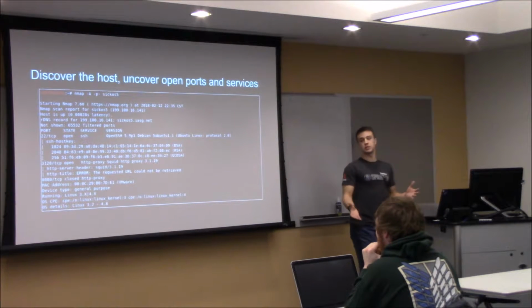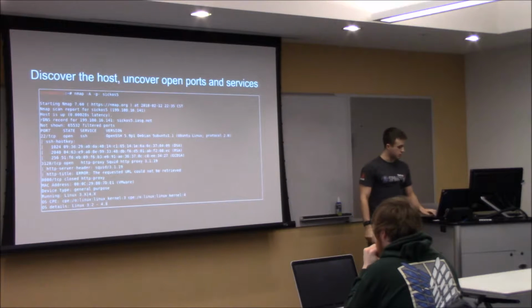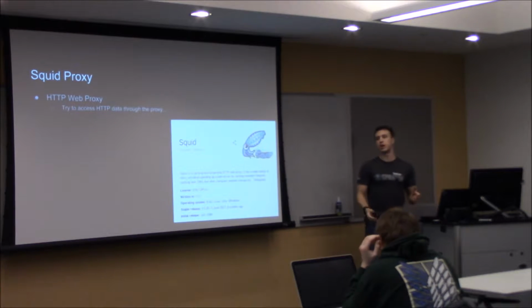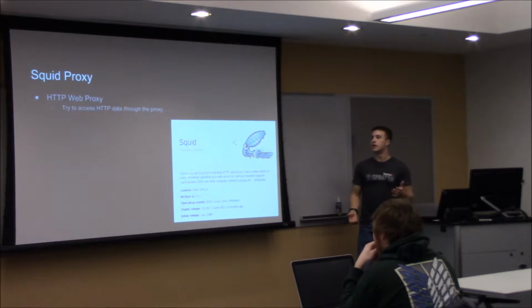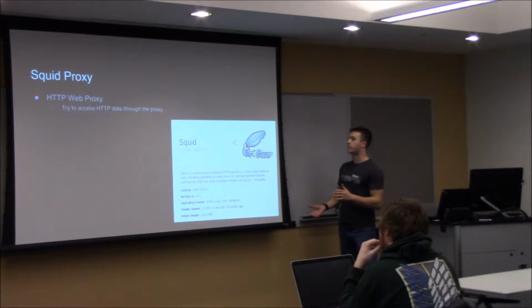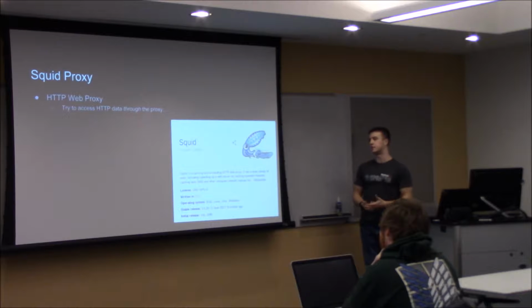So we know it's a Linux box and it's got SSH and then some sort of HTTP proxy. So Squid Proxy is what's running on it, or at least what nmap says is running on it. In case you don't know, it's an HTTP web proxy, and that kind of hints to us that there may be a web server running on this box.